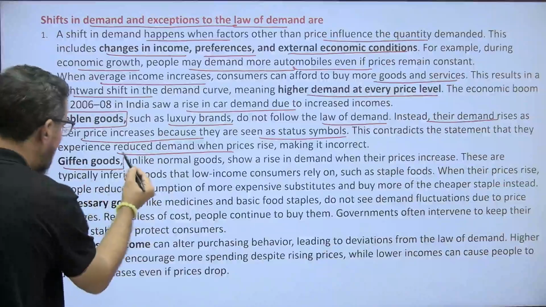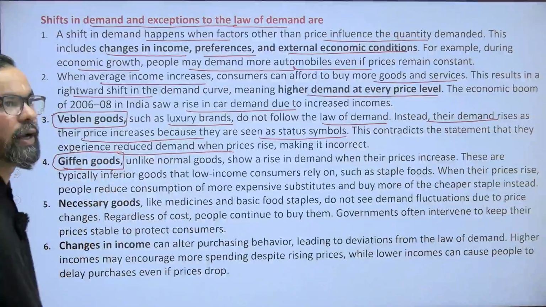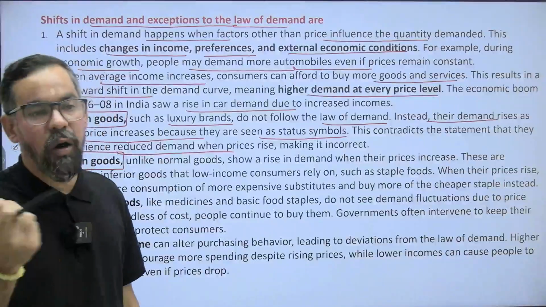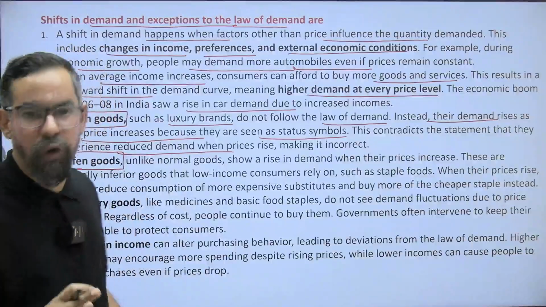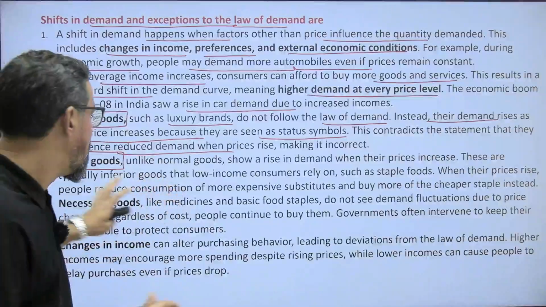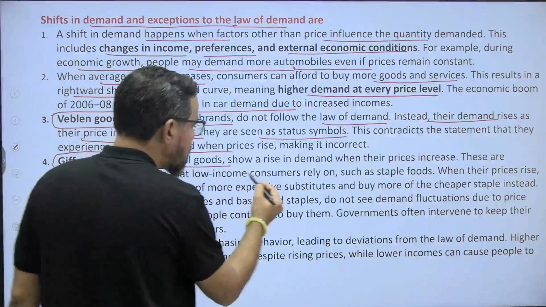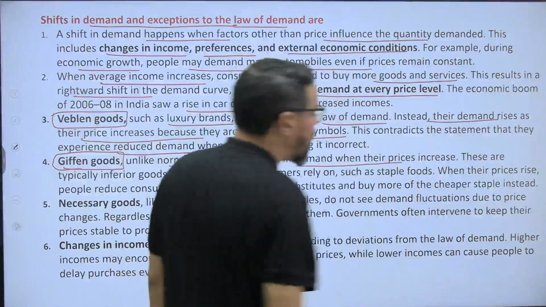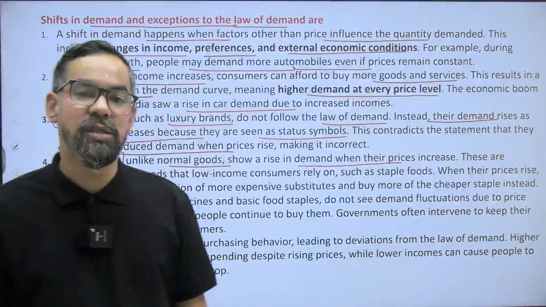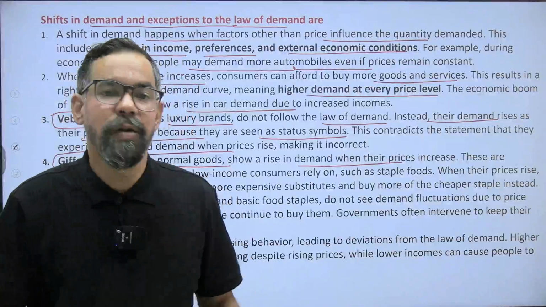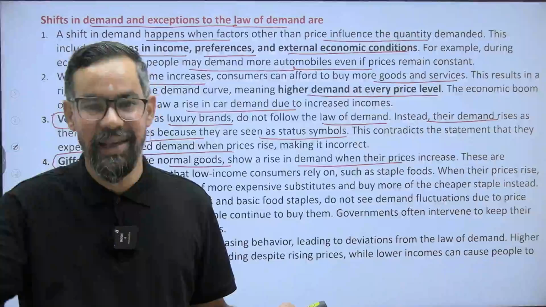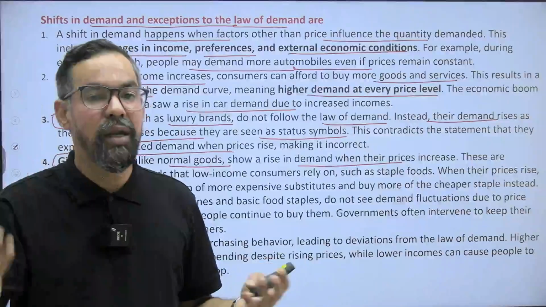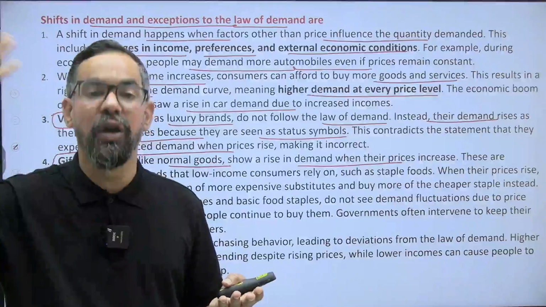Giffen goods are like normal goods, like salt or any other products. Their prices, they do follow the demand. Unlike normal goods, they show a rise in demand when their prices increase. It is like if the price of salt increases, people won't stop eating salt, they'll consume it. So their consumption will increase, or their demand will remain stagnant, or it will start increasing.